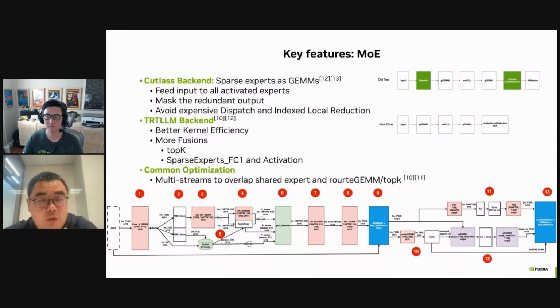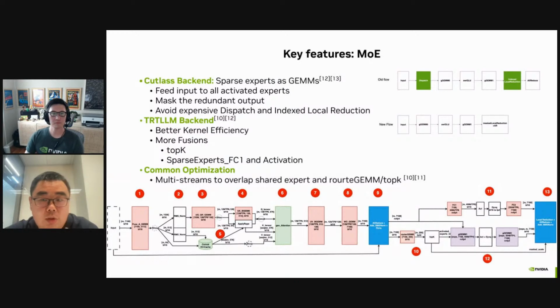So we have introduced sparse experts as GEMMs. The idea is quite straightforward. We can feed the whole input tensors to all activated experts without considering the redundant computation, because our total token is 4.